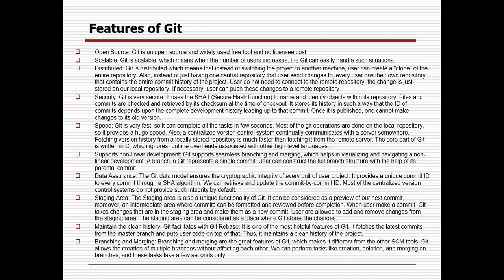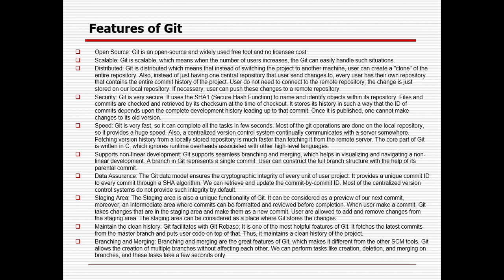Data assurance: the Git data model ensures the cryptographic integrity of every unit of the user's project. It provides a unique commit ID to every commit through the SHA algorithm. As I already mentioned, in case we make some mistake, with the help of the unique commit ID we can revert the changes.